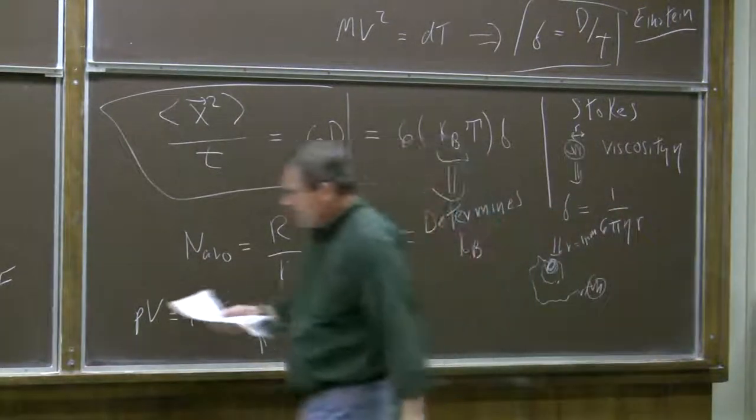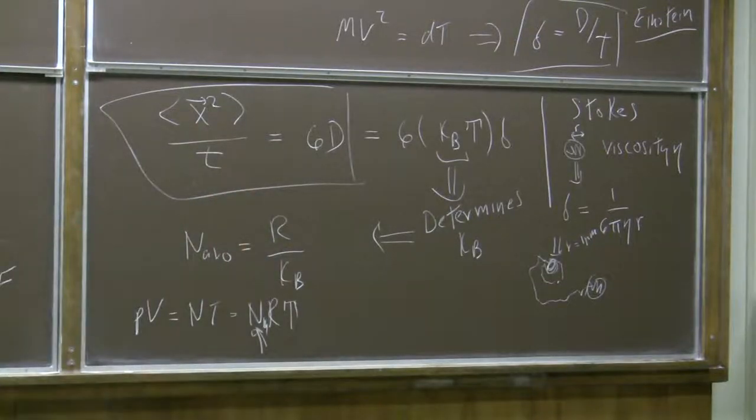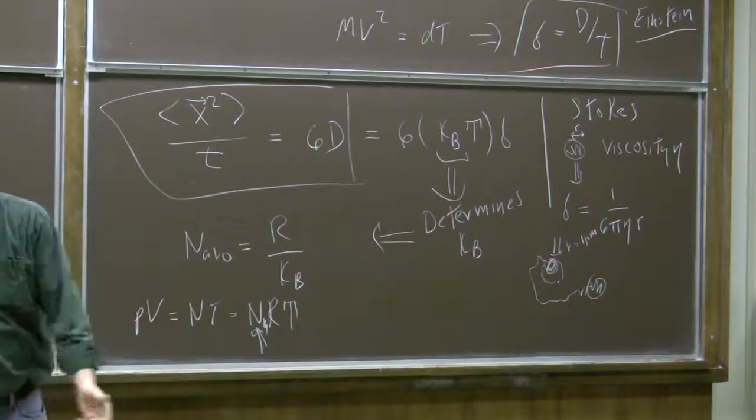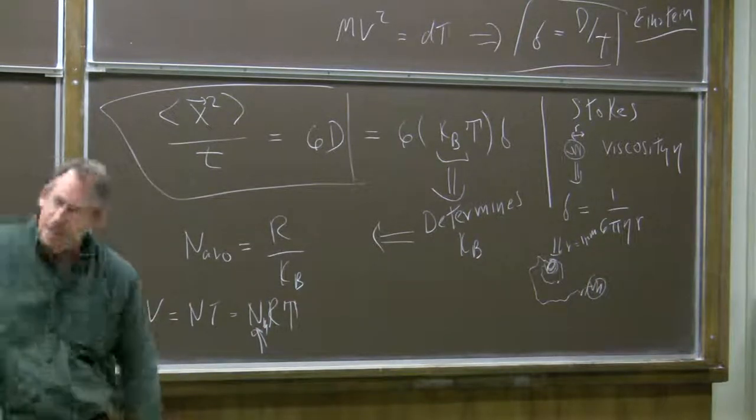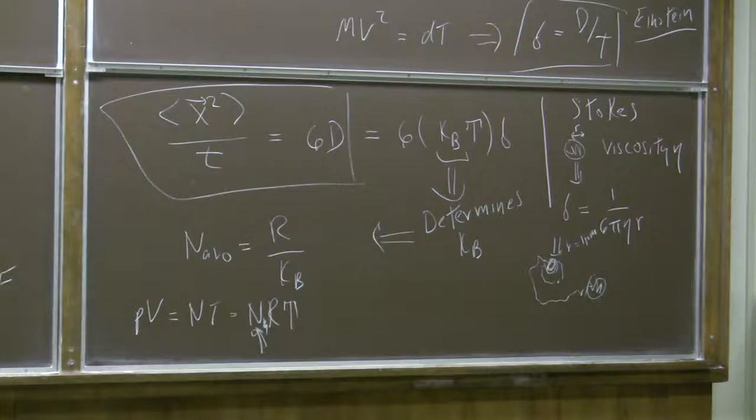But in this case, it seemed like that determination of Avogadro's number was especially compelling evidence for the reality of atoms, because Einstein understood that the interpretation was that the pollen grain was getting hit from all sides by all these molecular collisions, and that's why it was drifting around. It was a controversial subject in the early 20th century, whether atoms were real.